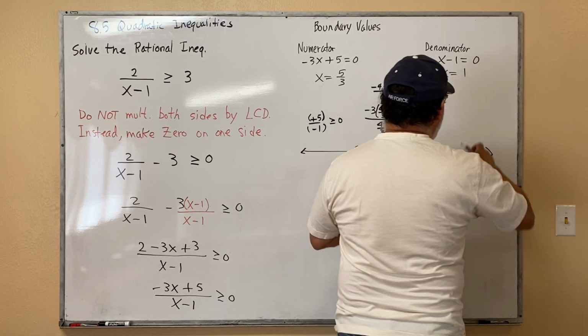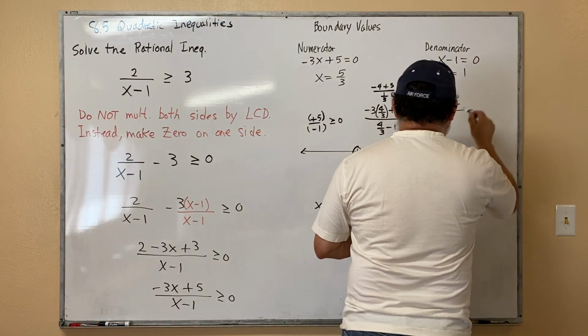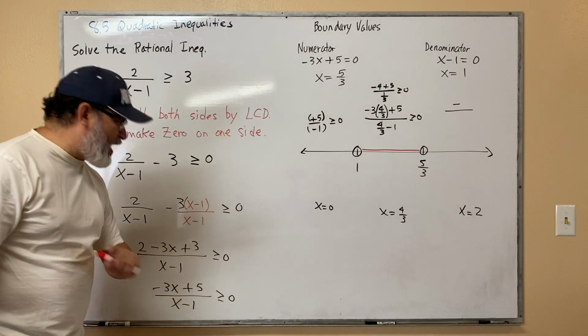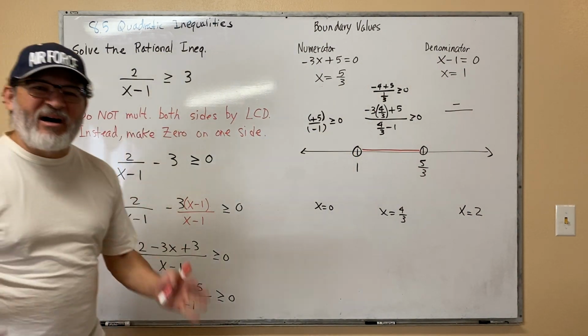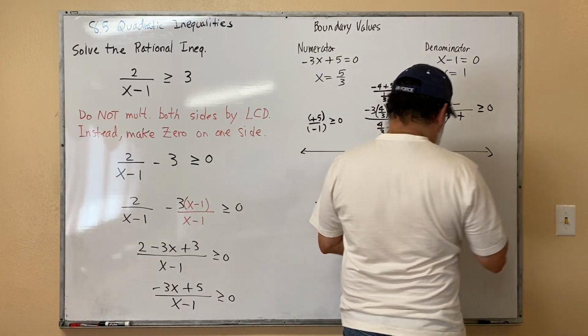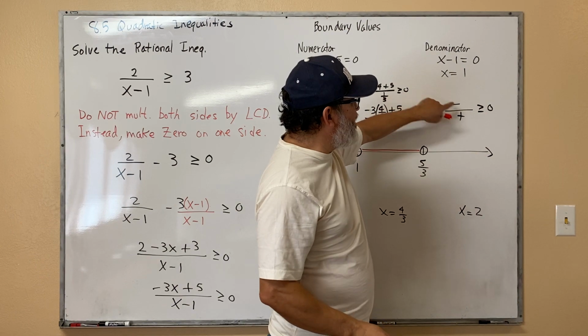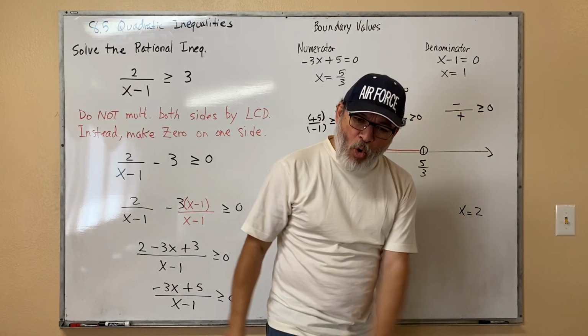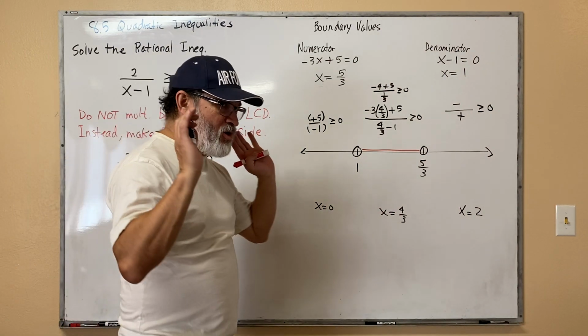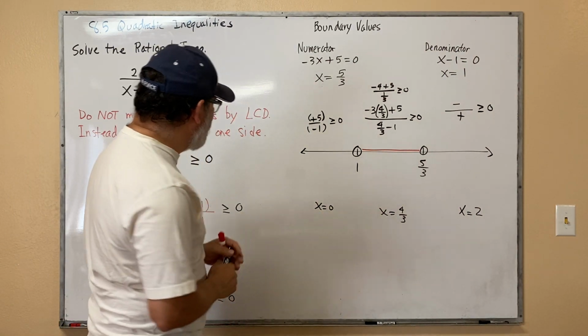That's a negative, divided by 2 minus 1. That's a positive. A negative divided by a positive. Is that greater than 0? No. Good. So we got the region.